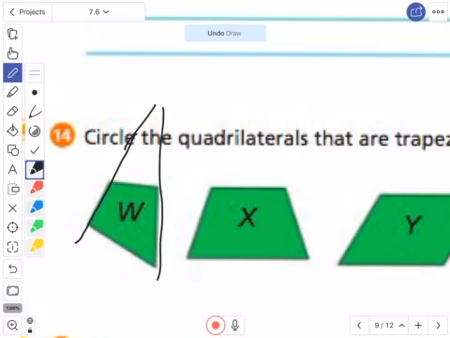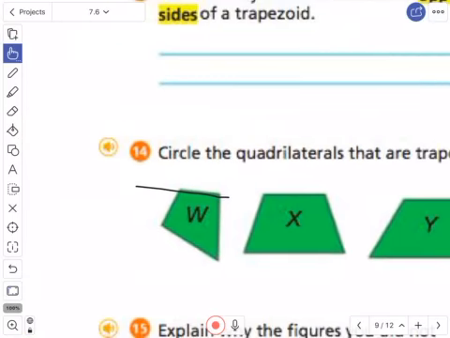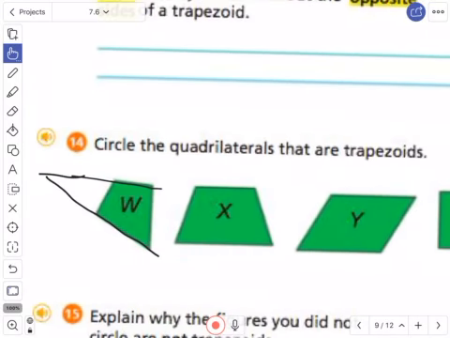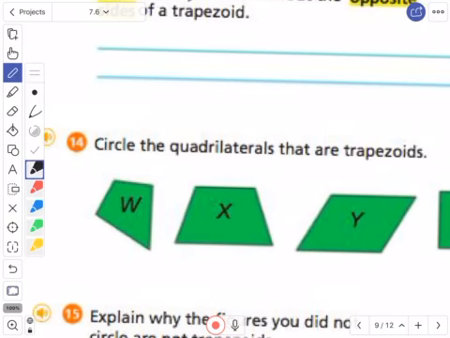No, those will touch, so that doesn't work. Okay, I bet the top and the bottom do though. I'm going to scoot this over a bit. No, that is not a trapezoid. Does not work. So I'm actually going to cross this one off.